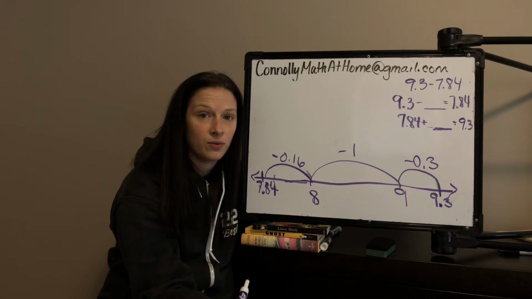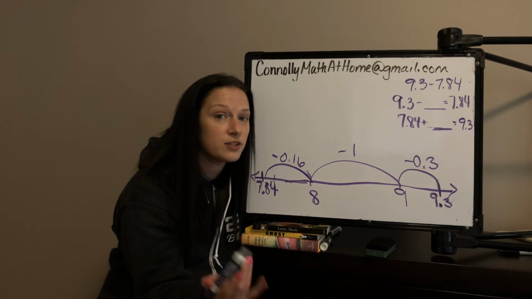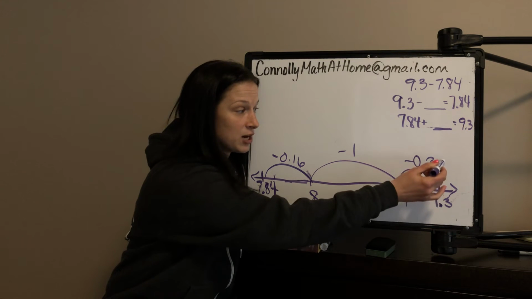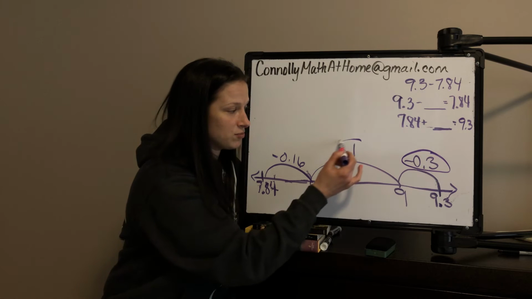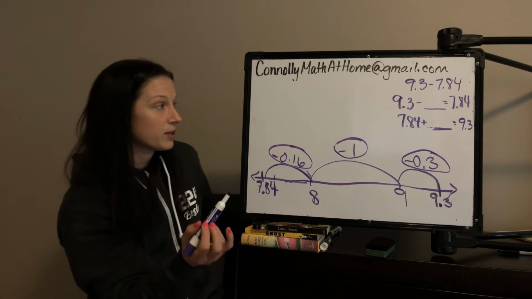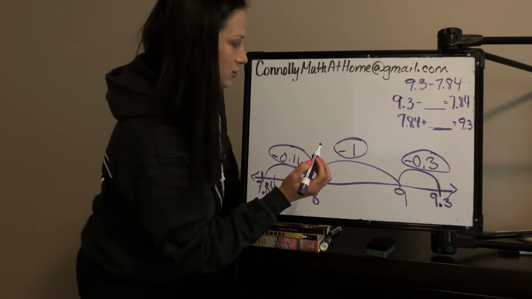So, what is the total distance between these two numbers? I have subtracted 3 tenths, I've subtracted a whole, and I've subtracted 16 hundredths. Well, let's look at it in equations, and we're going to find the total up here.